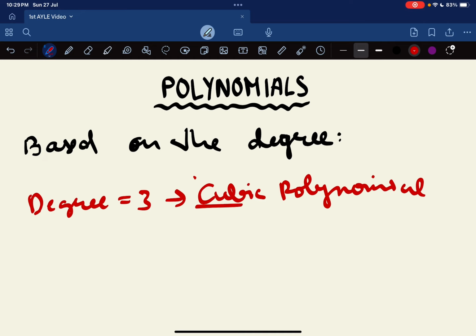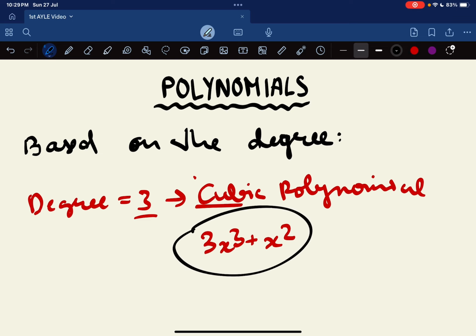Again, you know that quadratic, linear, they all kind of have connections to their degree, so the name is quite easy to remember because of that. So that's why 3 is cubic, and an example of this can be 3x cubed plus x squared. This is a cubic polynomial. So that is basically all for polynomials.